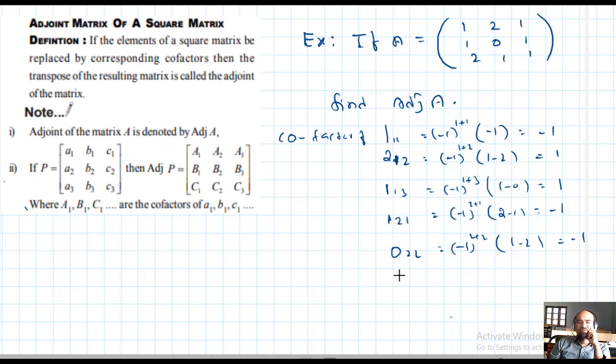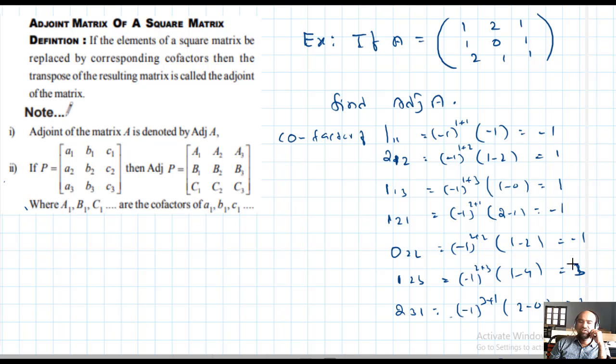Another one is position 2,3. For my convenience, I took all ones for calculation purposes. Minus 1 power 2 plus 3 times 1 minus 4, which is minus 3, so totally 3. Next, position 3,1 equals minus 1 power 3 plus 1 times 2 minus 0, so totally we get 2.